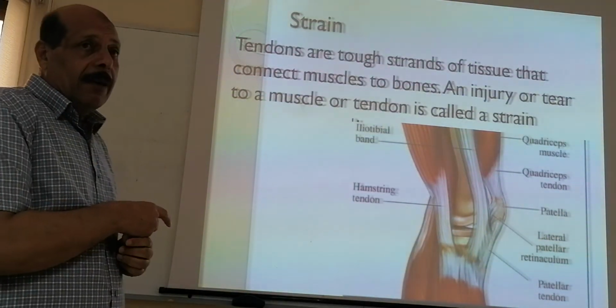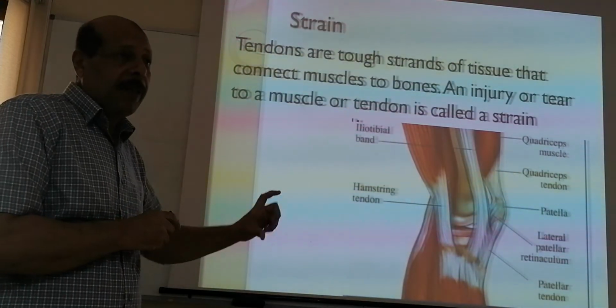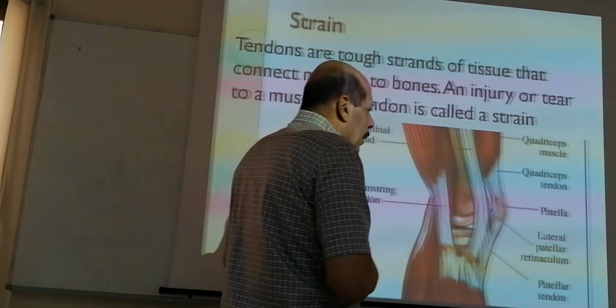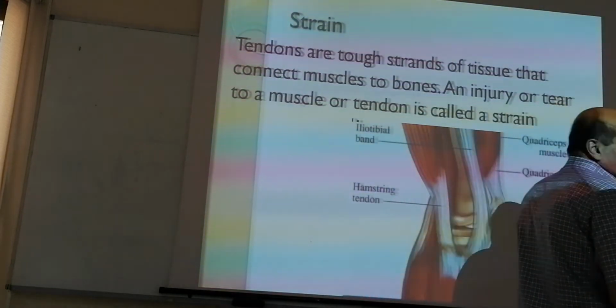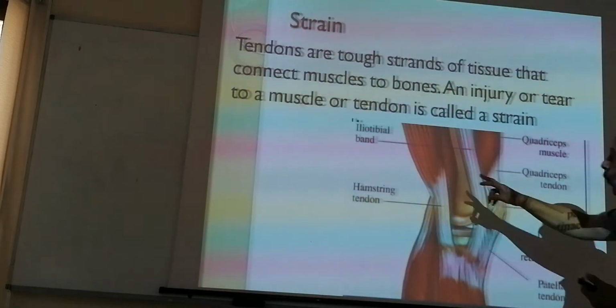Strain is similar to sprain, but here it is the tendon of the muscle. At the end, at the head of the muscles, there are tendons that fix the muscle to the bone.